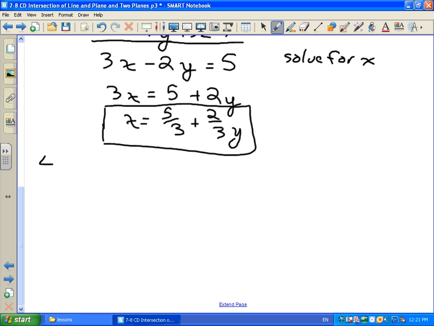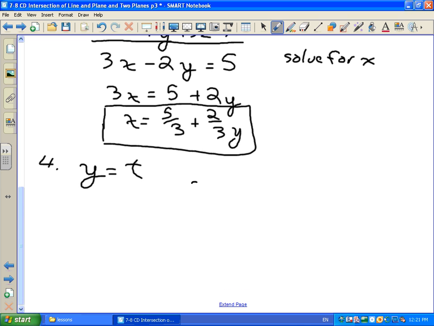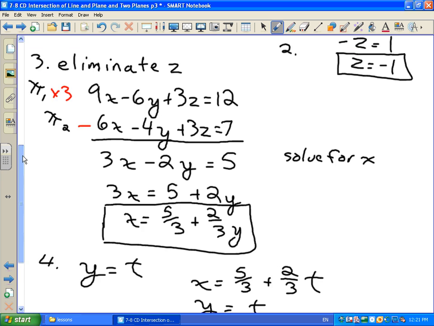Step 4, we've got y left. Choose y equal to t. And then we can go straight to our parametric equations. x is going to be 5/3 plus 2/3 times t. y just equals t, and z just equals -1.